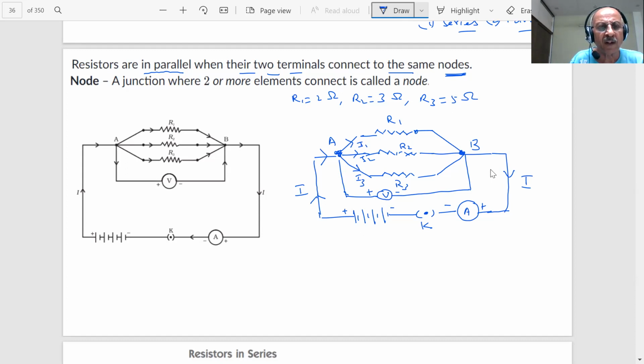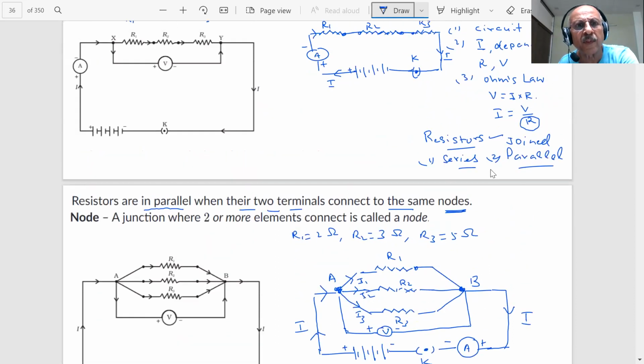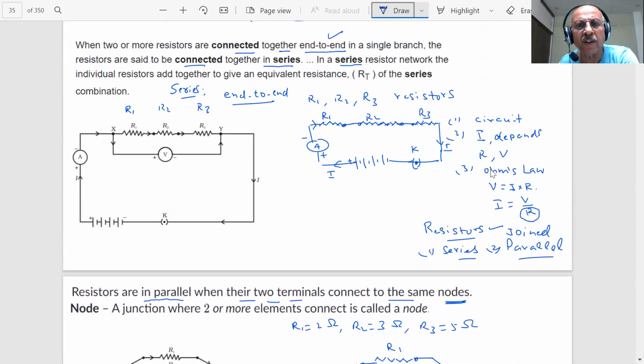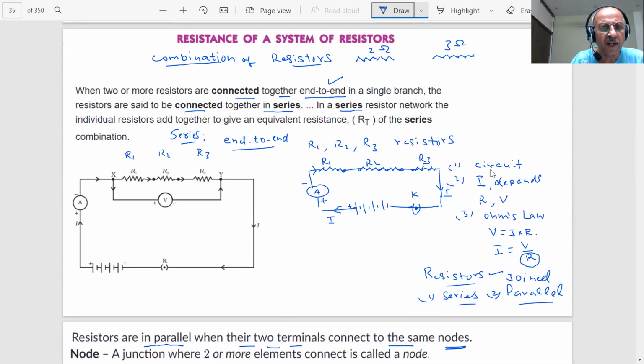This is my battery which is more than one cell connected in series. Key, ammeter, current direction, positive to negative, voltmeter, student, to measure the potential difference, and these are the resistors. In the earlier case, what is the difference in series? See, the current was passing and the same current is passing through these three resistors in series.